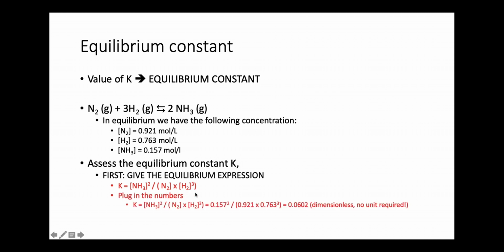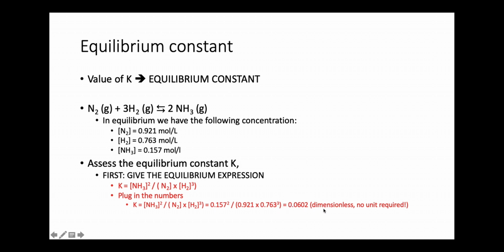Now we plug in the numbers. So we have the concentration of NH3, that's 0.157 to the power of 2, divided by the concentration of N2 to the power of 1, so 0.921, times the concentration of H2, that's 0.763 to the power of 3. And when you calculate it correctly, it's 0.0602.